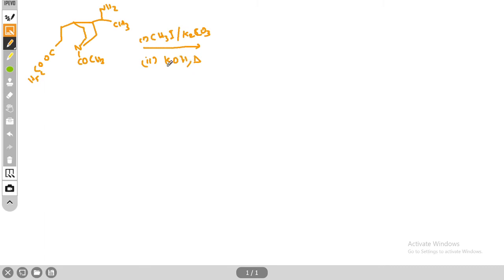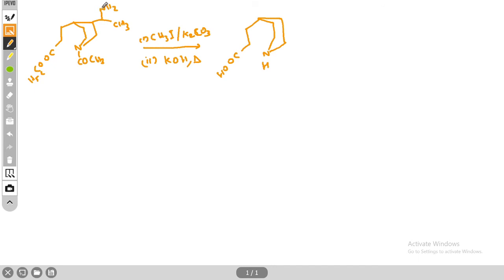Then this group is hydrolyzed, and this is converted into COOH, and this bond is also hydrolyzed. We have NH. There will be an elimination reaction, that is Hofmann elimination.